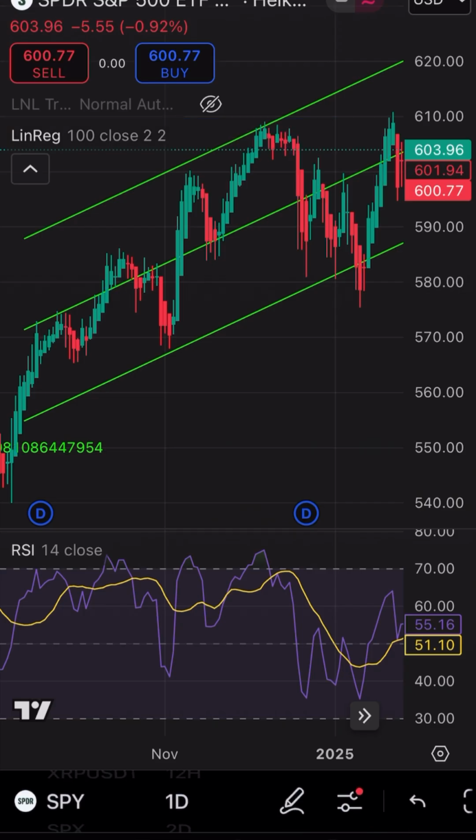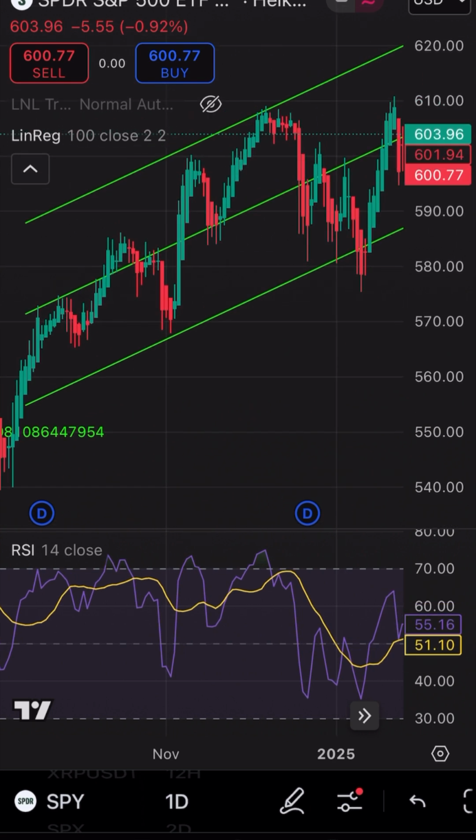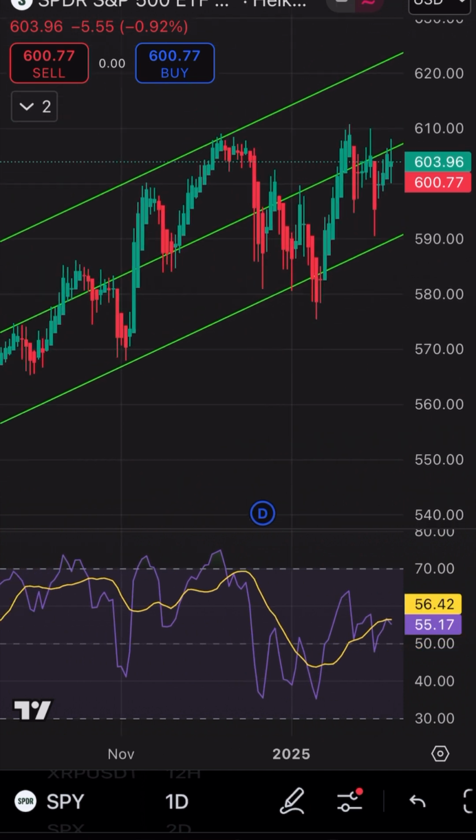So anyway, that's how it looks basically. So you got your channel. On a longer time frame, you are going to know the overall direction and where it's bouncing. And then you got your RSI there as well. So those are the only two that you need for this.